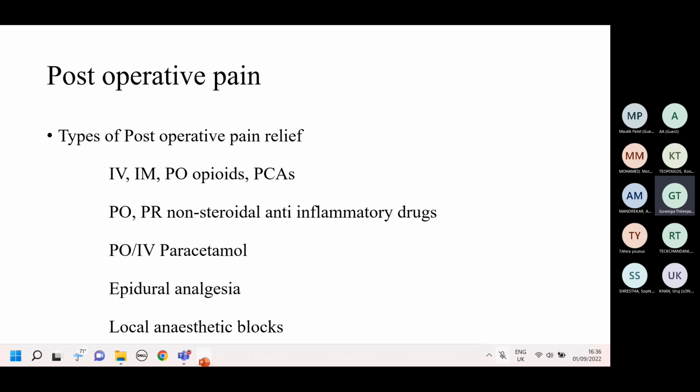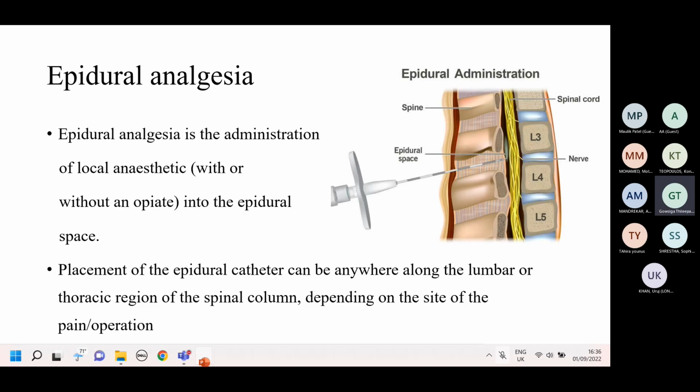Most of the time it's done in the theaters, local anesthetic blocks, right? Those relieve post-operative pain better. So let's do a revision about epidural analgesia. Next slide, please.